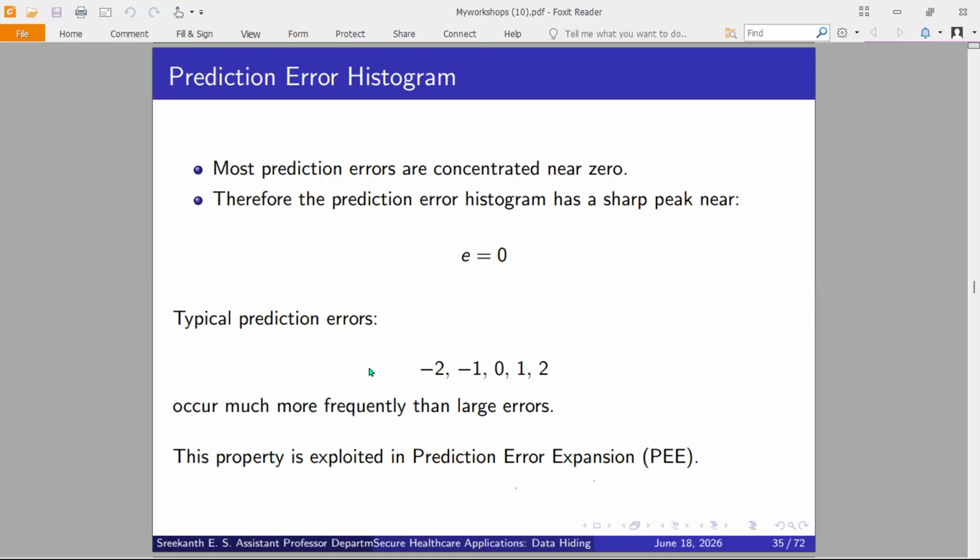Okay, and another point is we need to limit these errors. Why? Because if the error is -10 or 10, the marked image quality will be less. I told before.